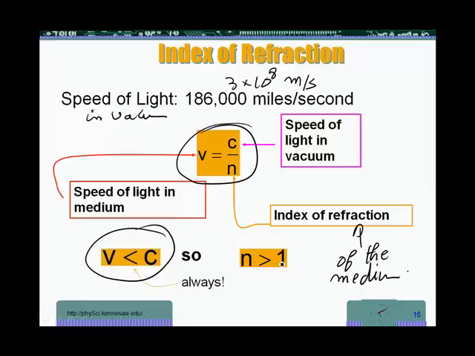Now, because of that, that means the index of refraction is always larger than 1. The index of refraction for vacuum is then 1. Index of refraction for air is approximately equal to 1. Index of refraction of water is about 1.3. Index of refraction of most glass is about 1.5, and so on.